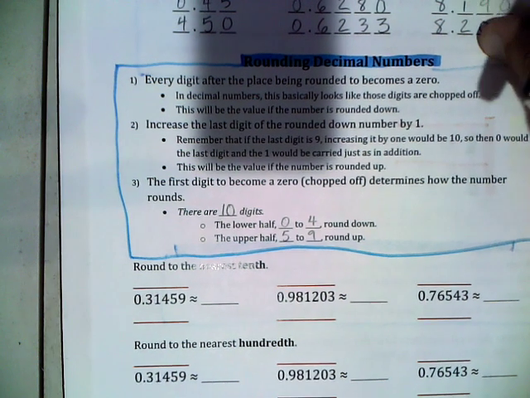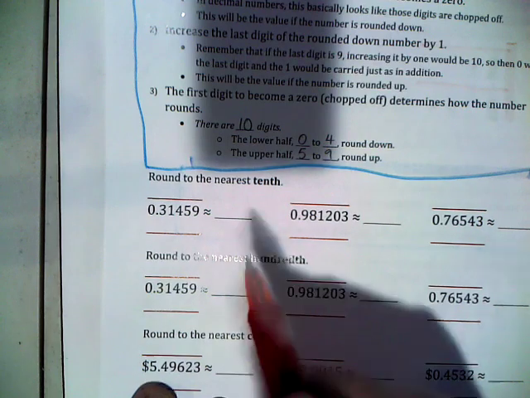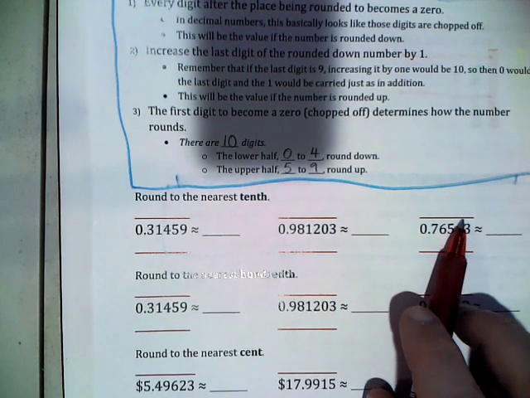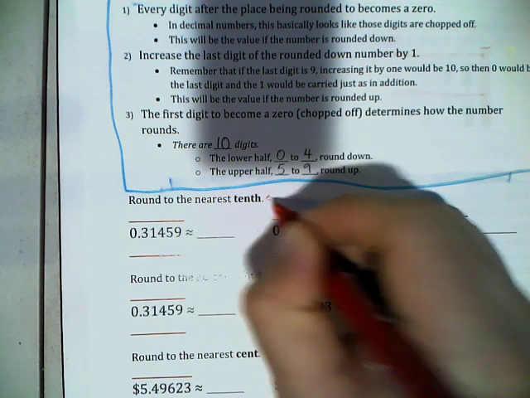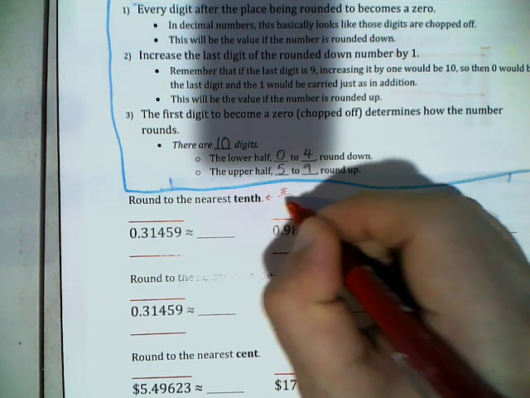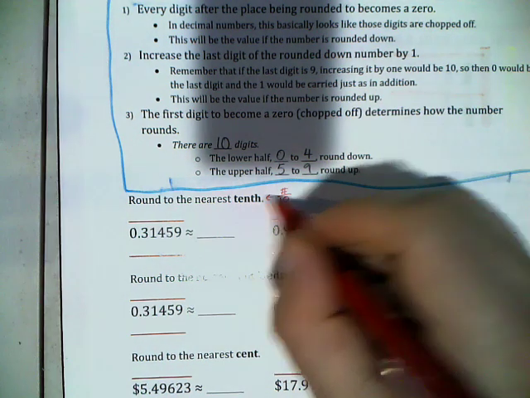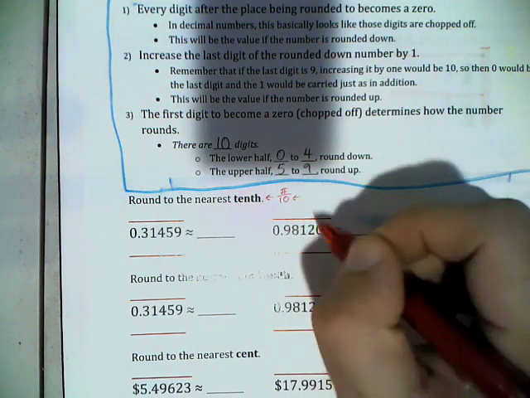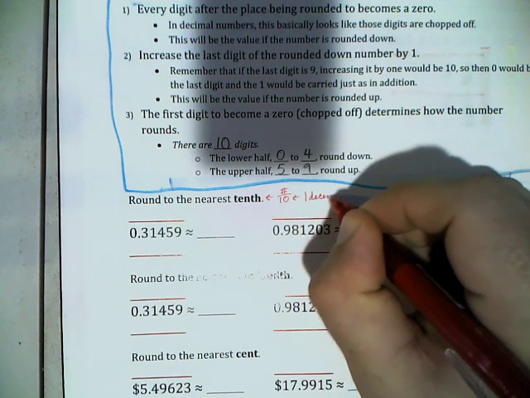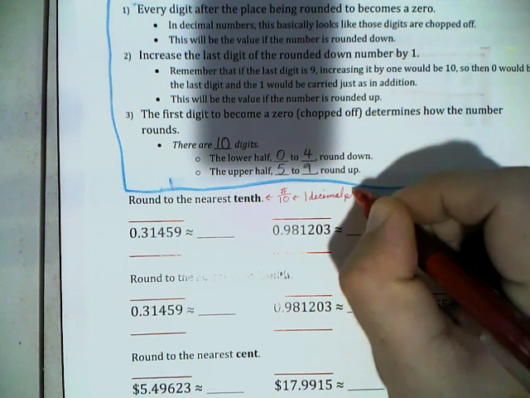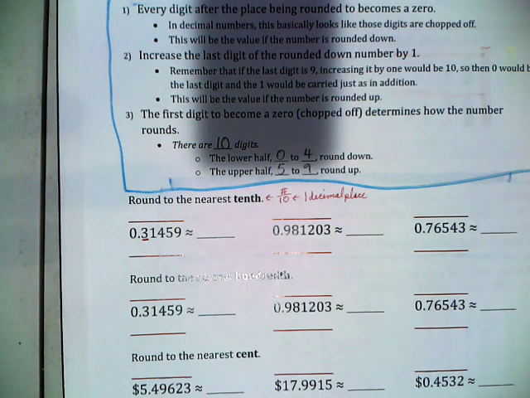All right, so let's put this together then. We're going to round these numbers to the nearest 10th. When you see 10th, you should be thinking 1 0 in the denominator, which means 1 decimal place. So we're going to keep 1 decimal place.